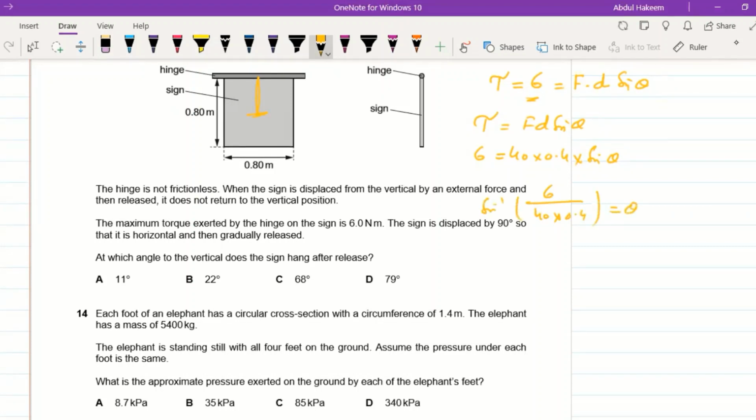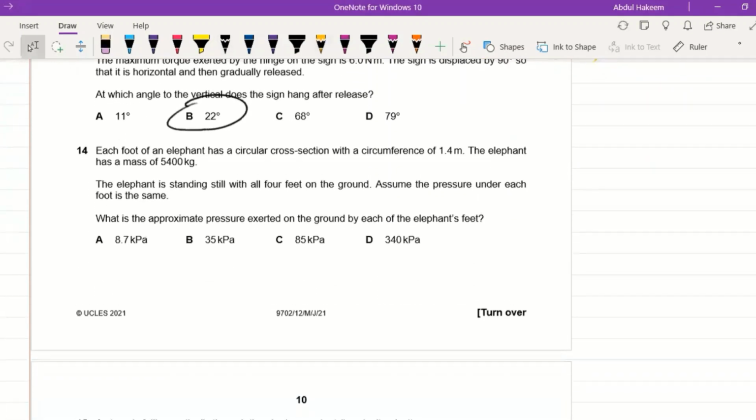Let me calculate. Okay, after calculation, the answer is coming 21 point something. So the answer is coming to this, 22.